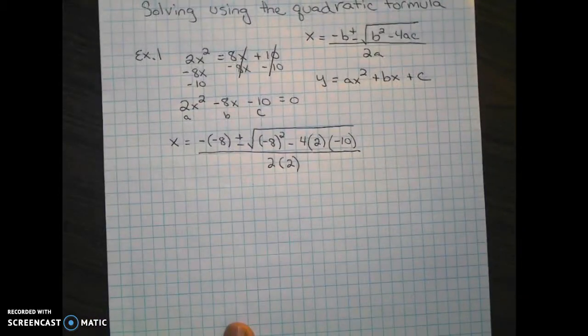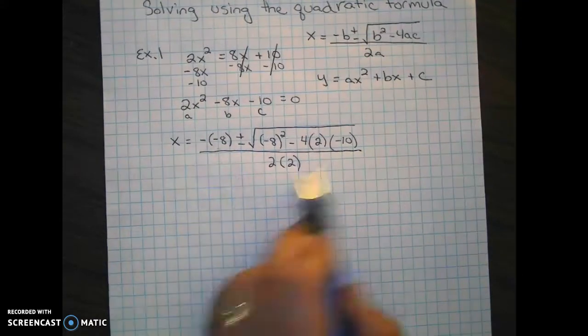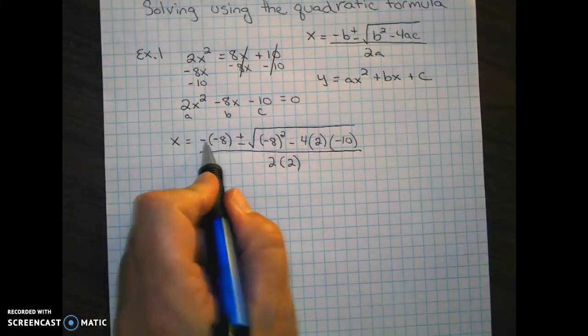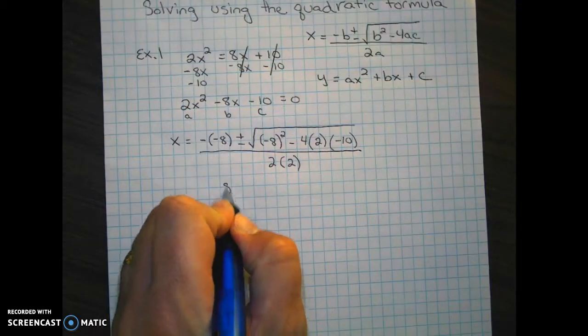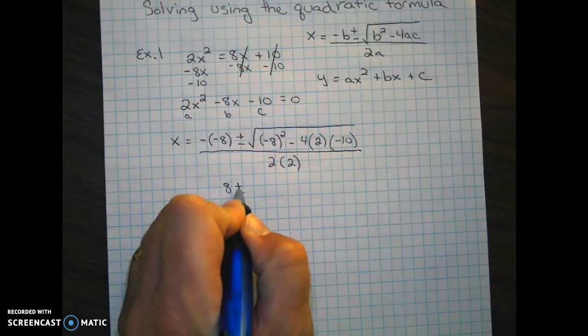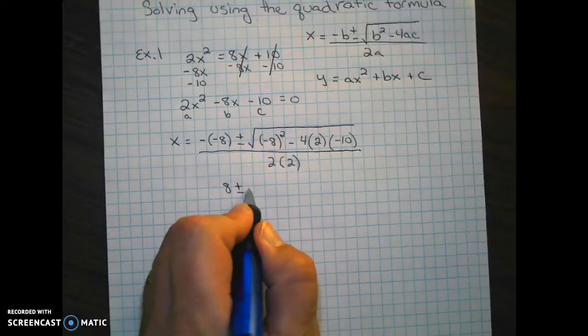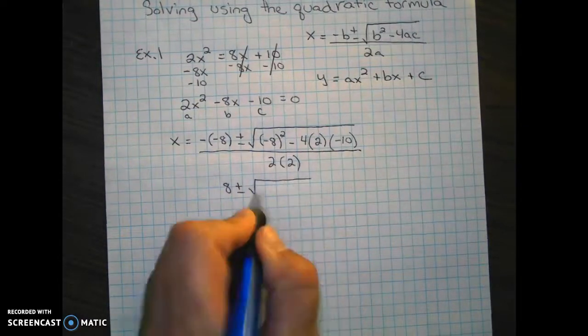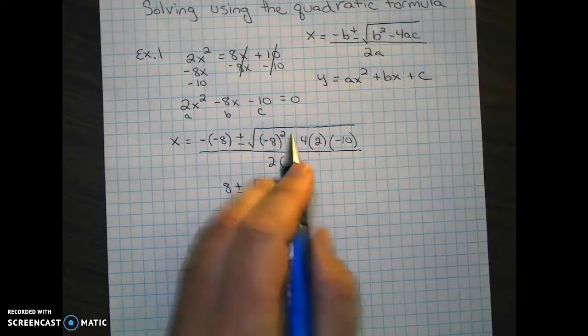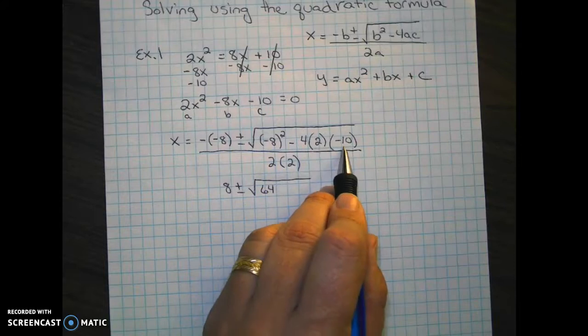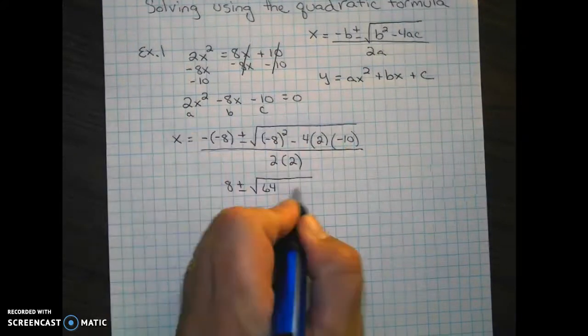Now the next thing we want to do here is go ahead and simplify this side over here. So 2 negatives make a positive. Negative 8 squared is 64. And we have negative 8 times negative 10, which is positive 80.